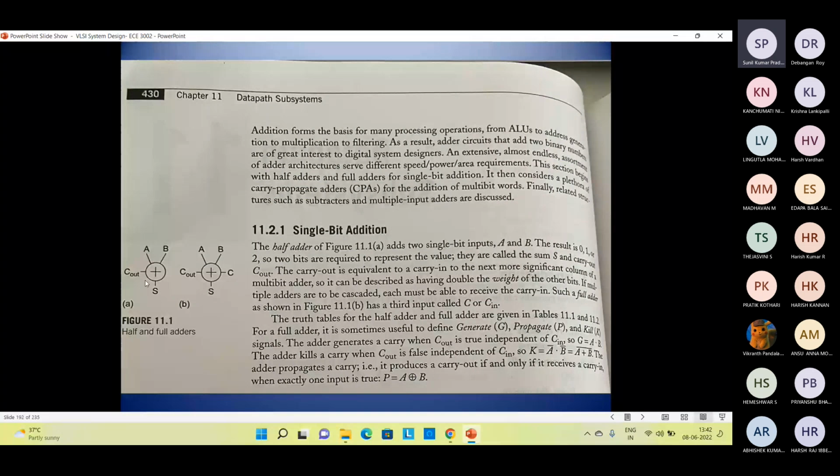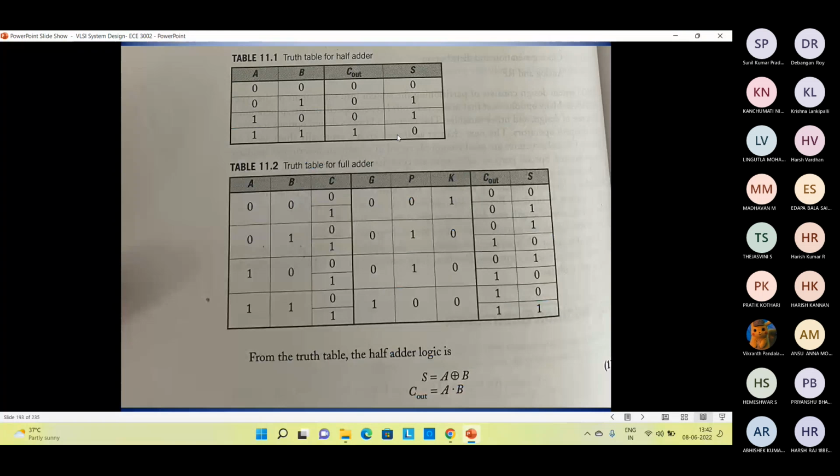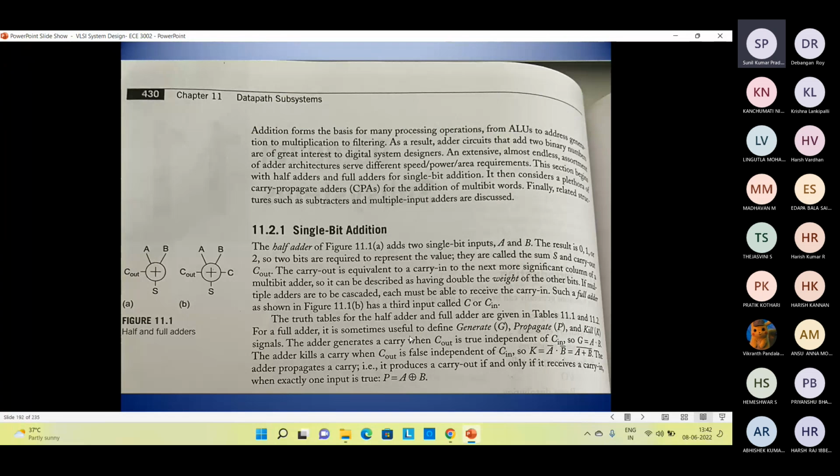But in full adder, we have a third input that we call C or C in also. So as you can see here, this is the truth table of half adder.